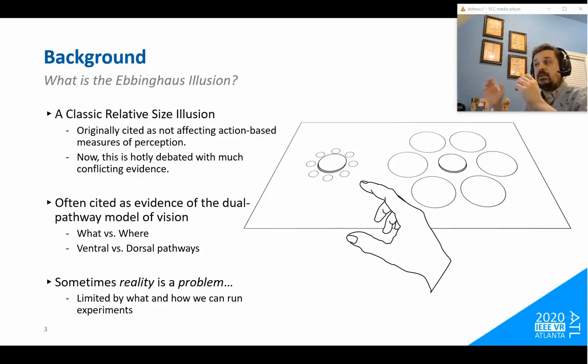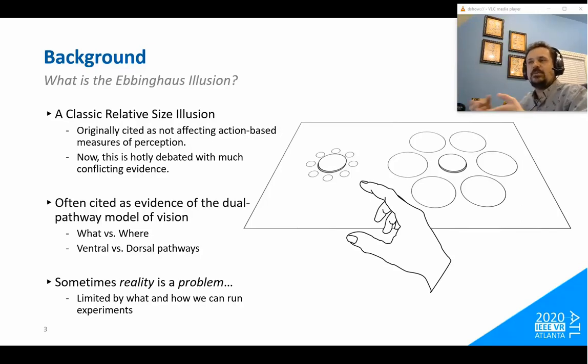And what people have found is that though subjects report the sizes of the disks in these Ebbinghaus configurations to be either larger or smaller than they actually are, their grasp aperture doesn't reflect it. And so this has been used as evidence in the argument that visual illusions do not affect action-based tasks. In recent years, there's been a lot of debate about this, and Ebbinghaus has been a rather large part of that debate.